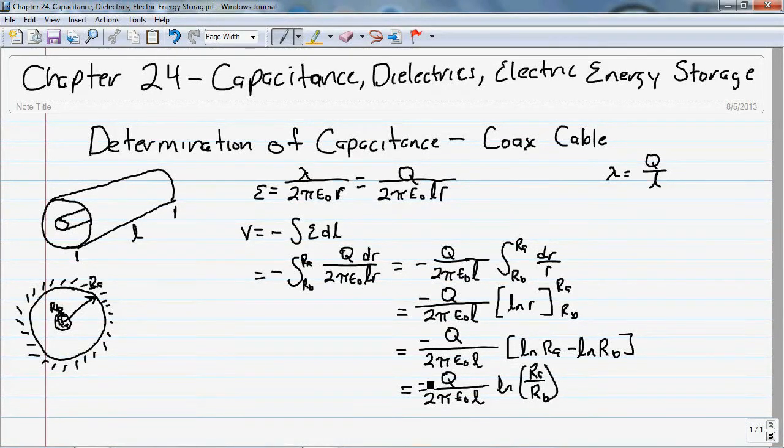And if I want to get rid of this negative sign, I can do that by flipping the ratio inside the natural log, and that gives me Q over 2 pi epsilon naught length natural log of RB over RA.